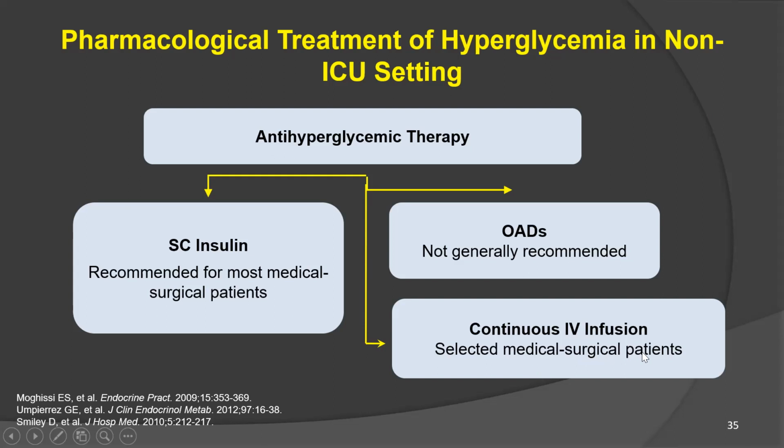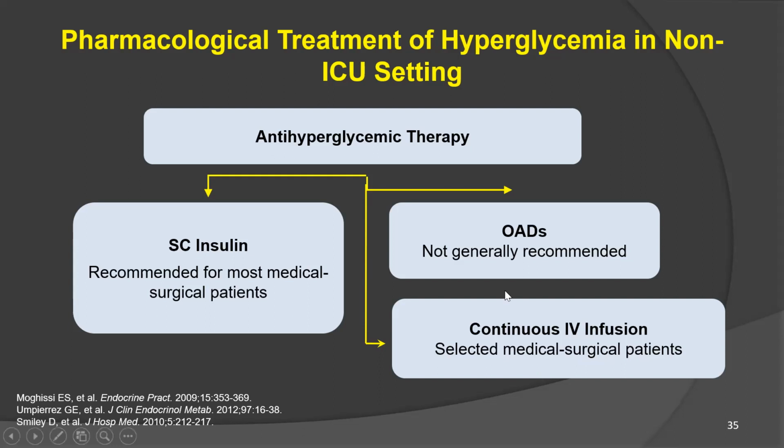So even in the non-critical setup, there are certain medical and surgical patients who would need an IV infusion because their hyperglycemia would be so high as to put them at risk of hyperglycemic emergencies, that is DKA and HHS, or there can be a risk of developing dehydration, kidney shutdown, and poor management of whatever illness the patient is admitted with.